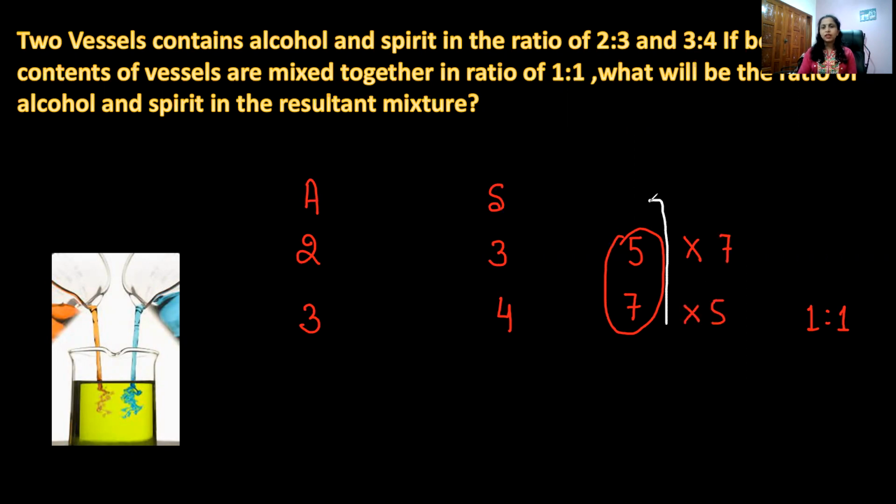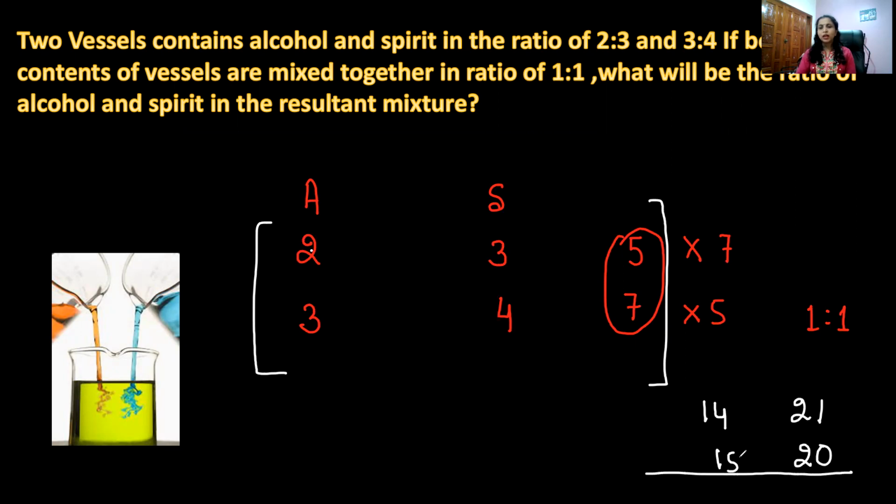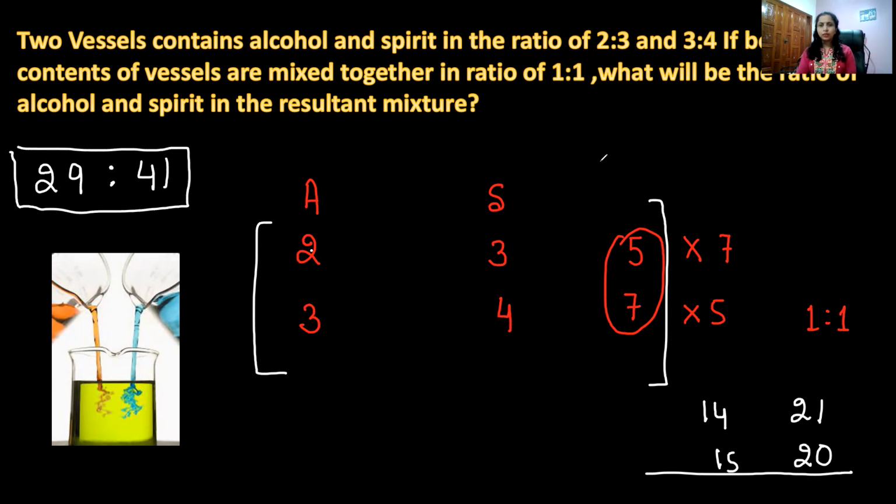So this one by 7 and this one by 5. So 7 times 2, 14, 7 times 3, 21, 5 times 3, 15, 5 times 4, 20, right? And we are just going to add them. So 29:41. That will be the ratio in the resultant mixture. A very, very unique approach. Please follow this. Okay, let's go to the next type.